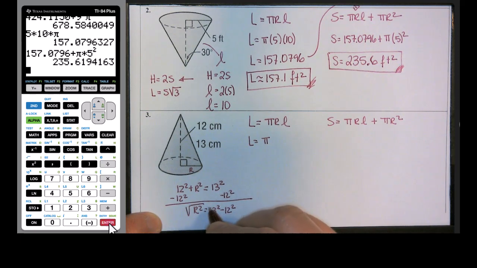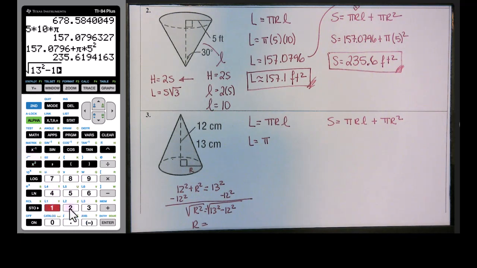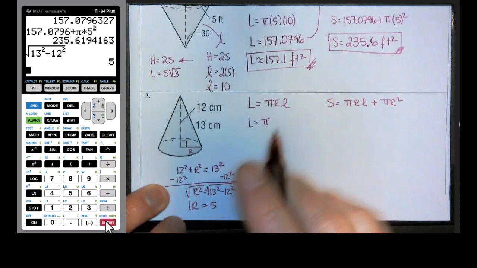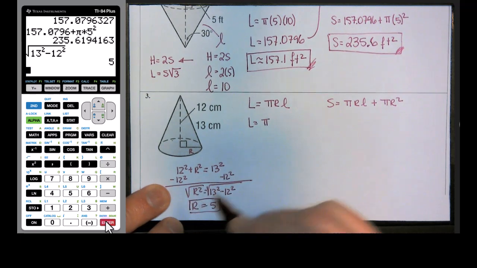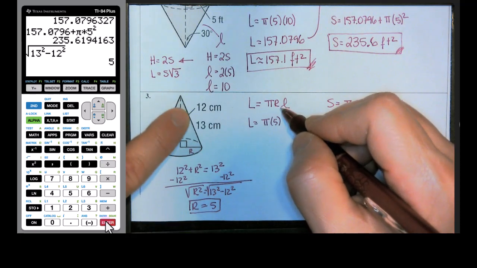Take the square root of both sides. We get the radius equals 13 squared minus 12 squared, we get 5. So the radius is 5. All right, very good. And the slant height we know is 13.